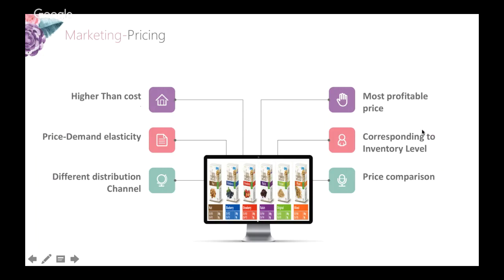The next one is we need to find the most profitable price corresponding to the inventory level. The last one is the price compared with our competitor and also the market price.